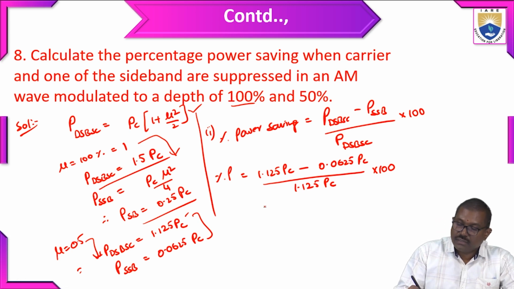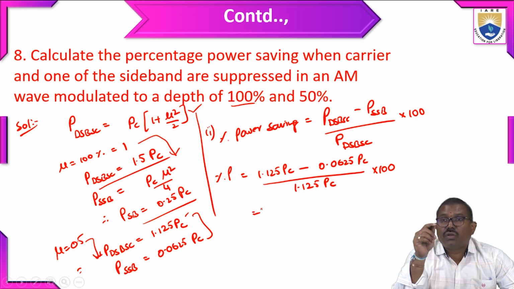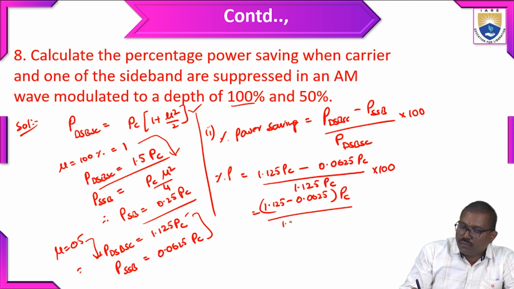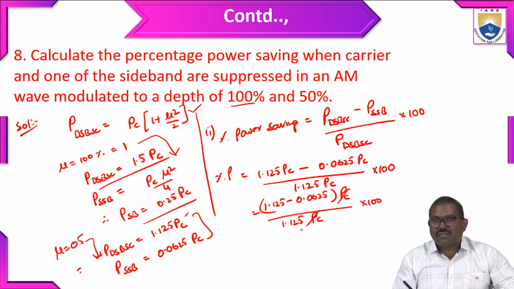Okay. So again here also you can take PC in common, and in the denominator also PC. So simply you can take it as minus. So here one more step, 1.125 minus 0.0625 into PC divided by 1.125 PC into 100. So this PC is going to cancel.